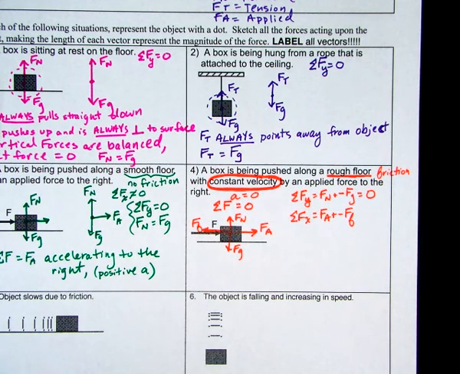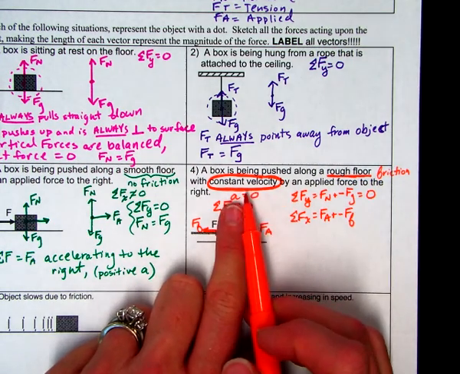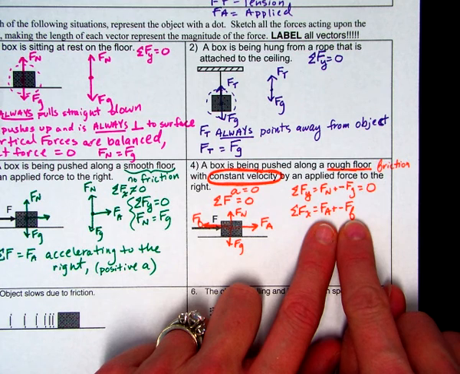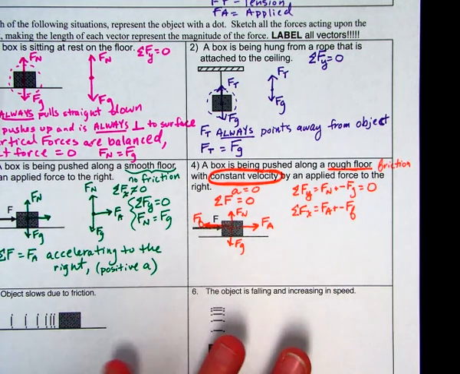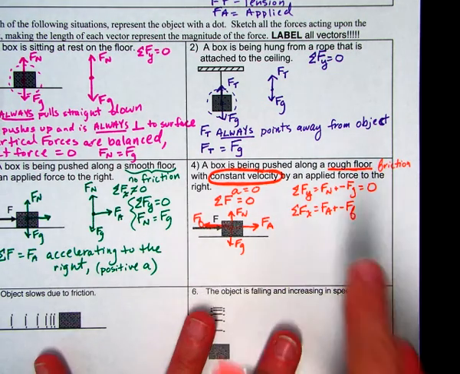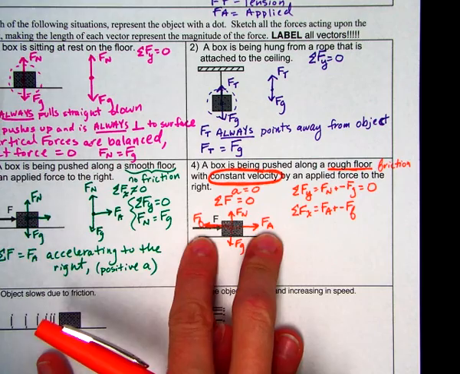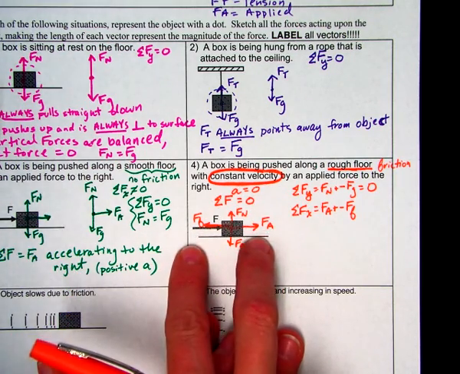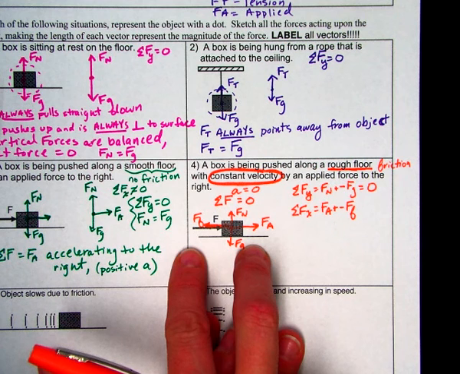But here's the thing. If I'm moving with constant velocity, that means what about the magnitude of these forces? If I'm moving with constant velocity and there's no acceleration, then they have to be equal to each other. Okay, so I have speed, but I'm not accelerating.